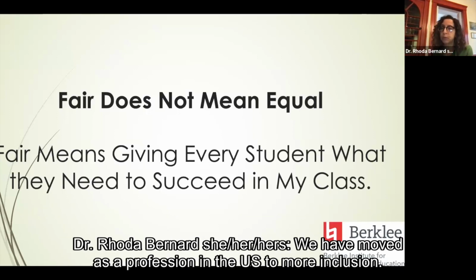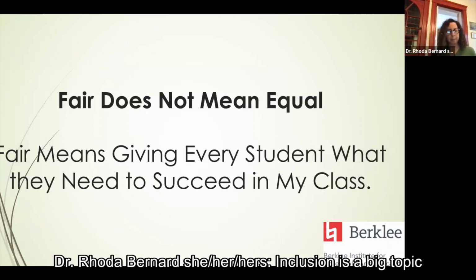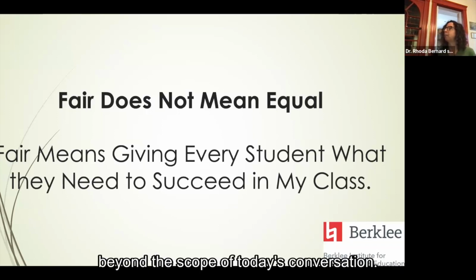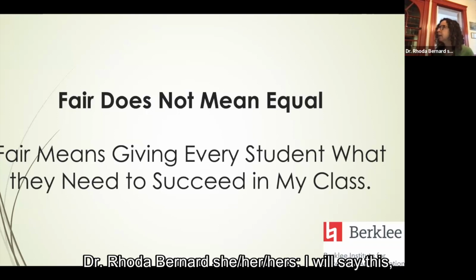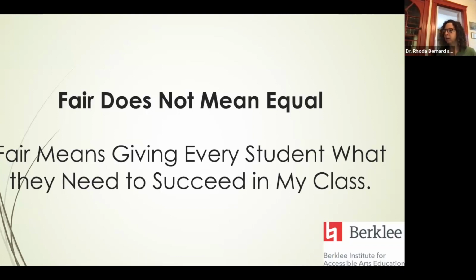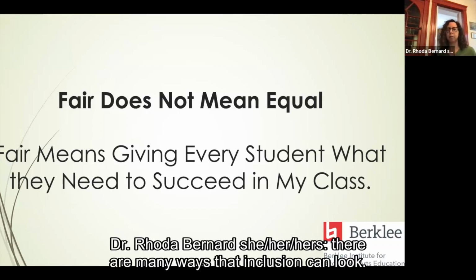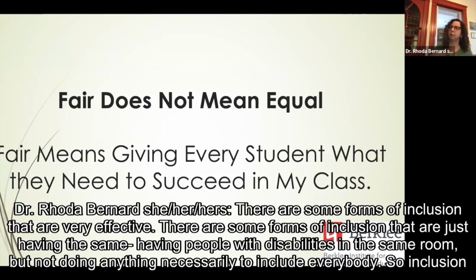We have moved as a profession in the US to more inclusion. Inclusion is a big topic. Beyond the scope of today's conversation, I will say this. There are many ways that inclusion can look. There are some forms of inclusion that are very effective. There are some forms of inclusion that are just having people with disabilities and people without disabilities in the same room, but not doing anything necessarily to include everybody.